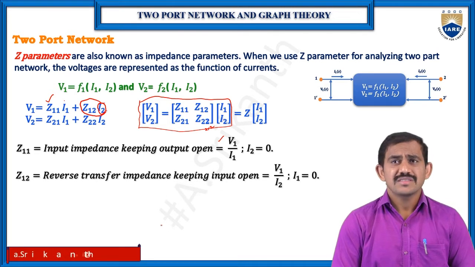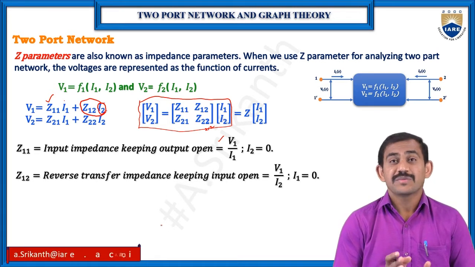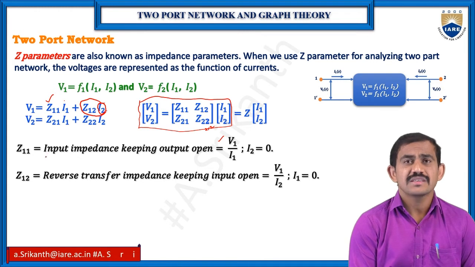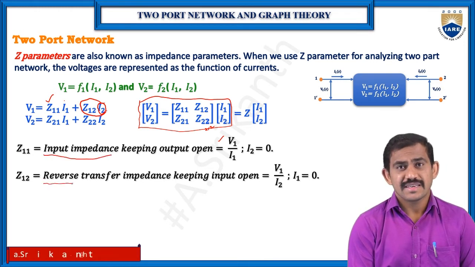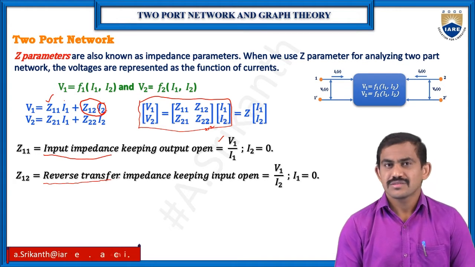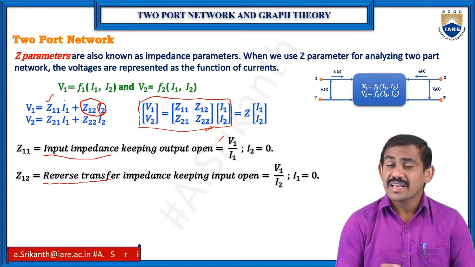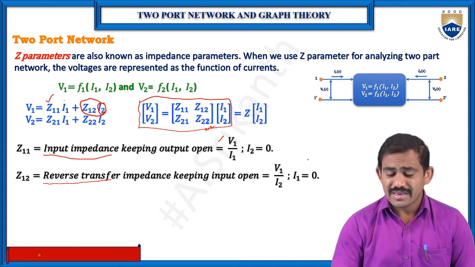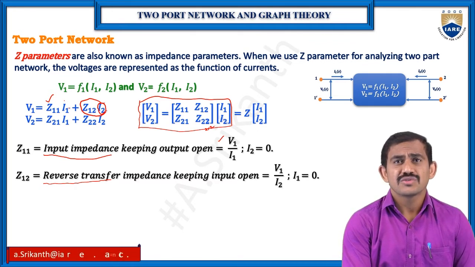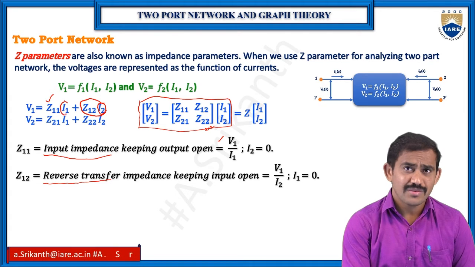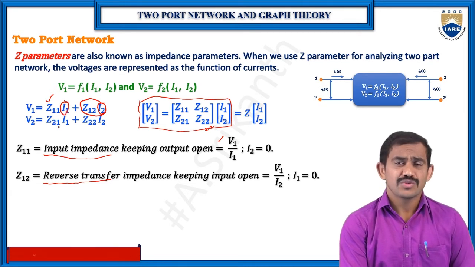Now coming to Z12. Z12 is the reverse transfer impedance. The first one was the input impedance; this is the reverse transfer impedance. Why reverse? Because I'm using the secondary current. When I want the Z12 value, I1 is 0, so the primary side is open, the input is open.